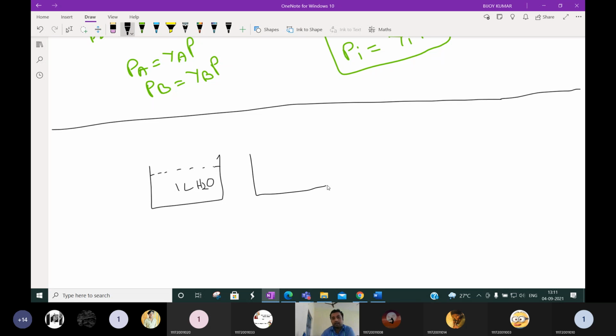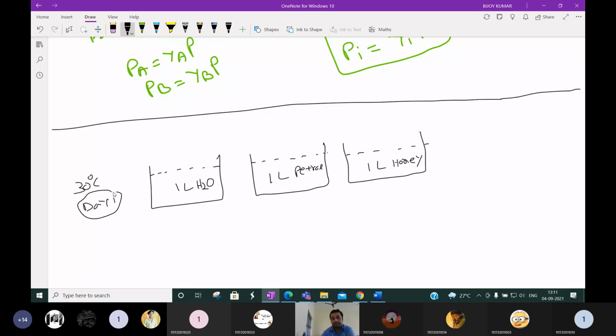Again in the same volume, we keep 1 liter of petrol. Again in the same volume, we keep 1 liter of honey. Suppose the room temperature is generally 30 degrees centigrade. So on day 1 we keep it.